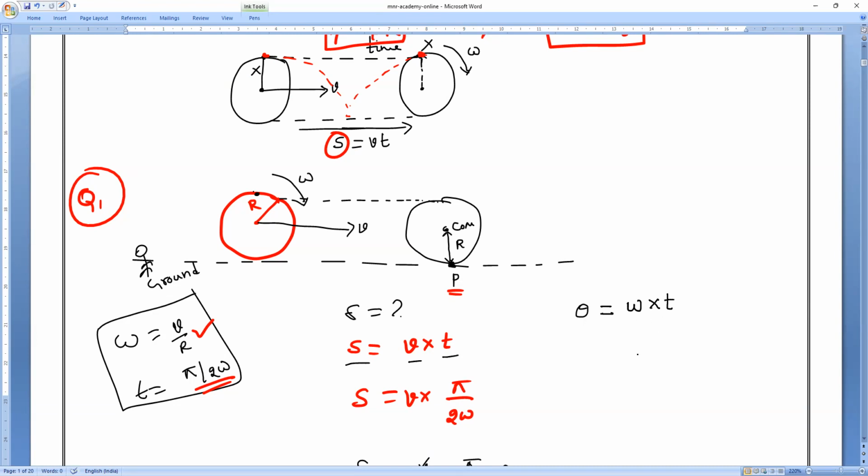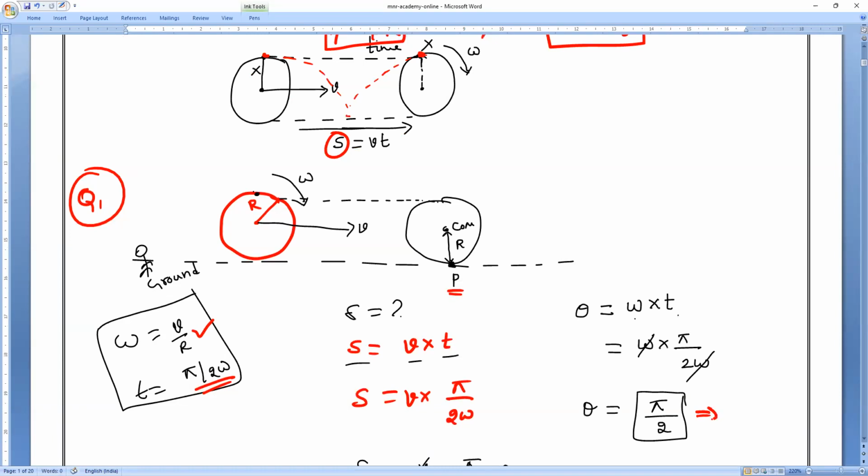So angular displacement is omega into T, and T equals pi divided by 2 omega. Omega will get cancelled. So theta equals pi by 2.